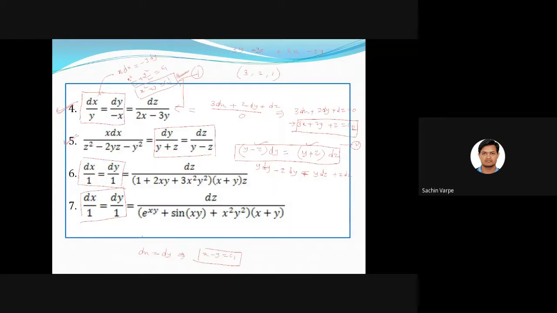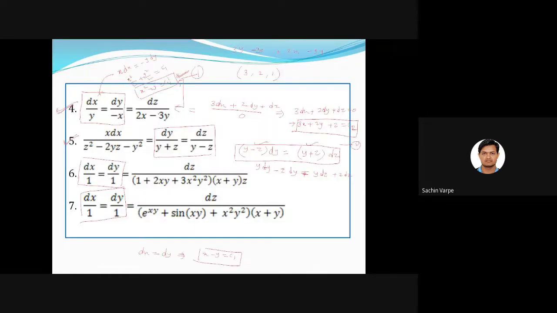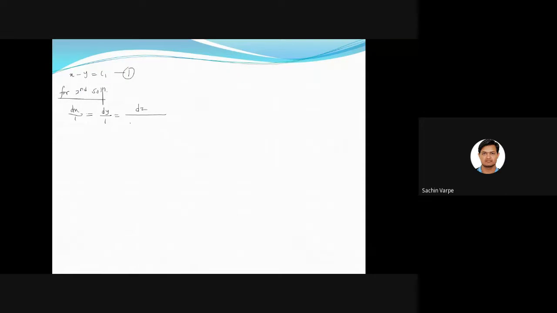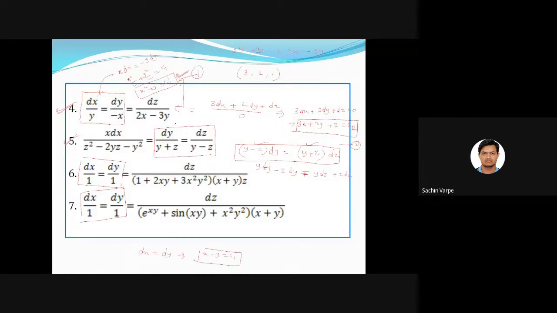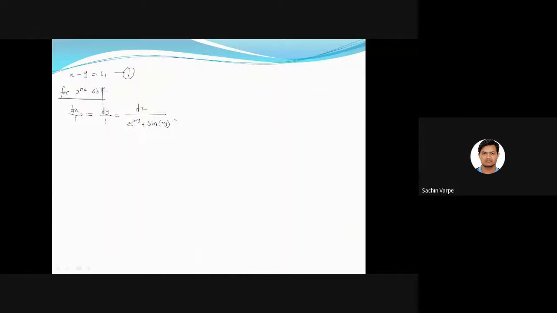Now for the second solution, consider again the three ratios dx upon 1 is equal to dy upon 1 is equal to dz upon (e to the power xy plus sine of xy plus x square y square) whole times (x plus y).